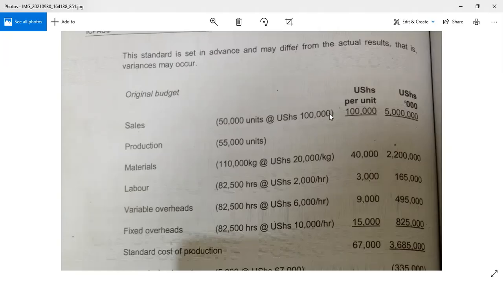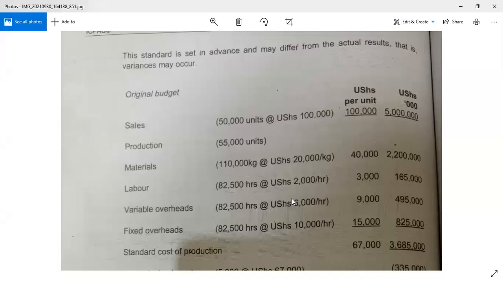And as you can see, when it comes to the original budget, they have given us sales. So for sales, they expected to sell 50,000 units at how much? At 100,000. Production, they expected 55,000 units, okay? Then materials, they also give you different values: material, labor, variable overheads, then fixed overheads.